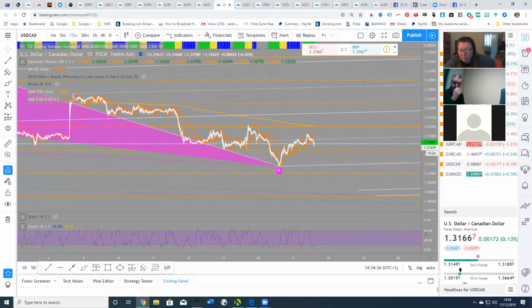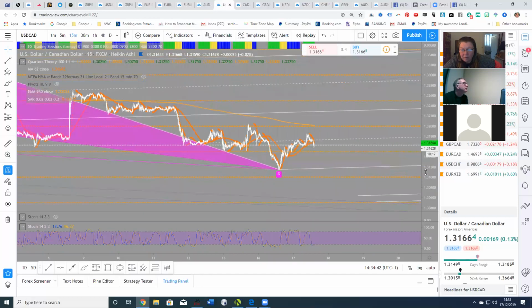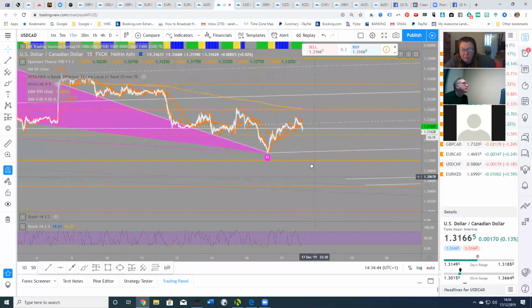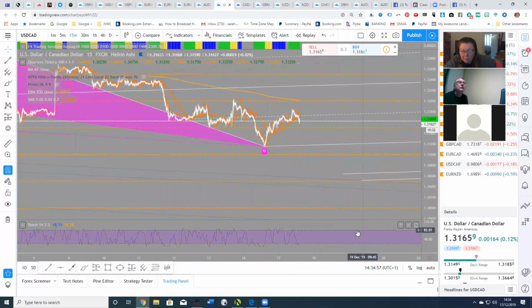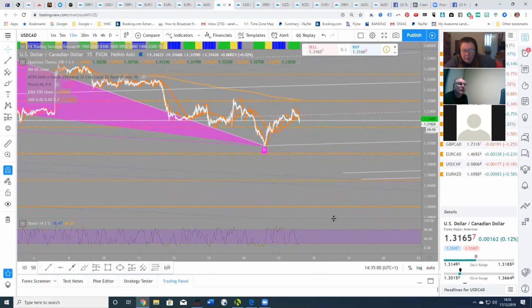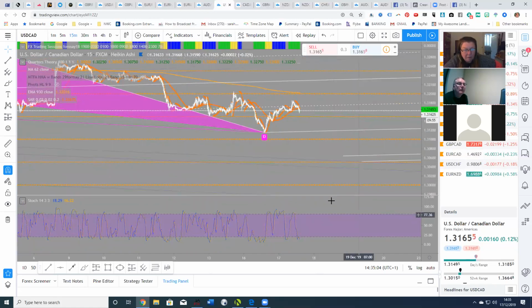Well, at least you can see. I'll try and move it up, but it's just being quite slow. I wanted to make the stochastic bigger. Oh, I see. I've got it on twice. It's not very helpful, is it? It's better. For some reason I've hidden it. Well, I know why. Because I wasn't looking at it.